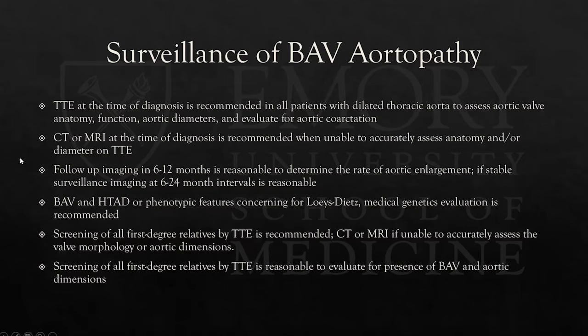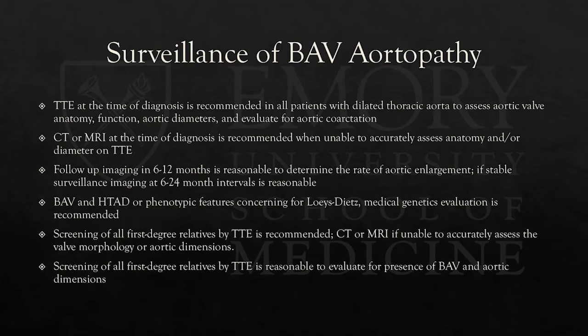If you're unable to accurately assess these 5 things on the transthoracic echocardiogram, then a CT or MRI is recommended. I'll say that my practice in general is, regardless of the quality of the transthoracic echocardiogram, I always like to get a CT scan just as kind of a baseline for a lot of these patients, because oftentimes we see them presenting maybe to an outside hospital 6, 7, 8 months later, who gets a CT scan.